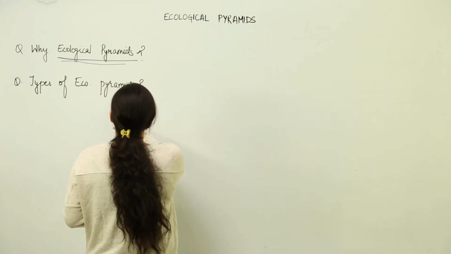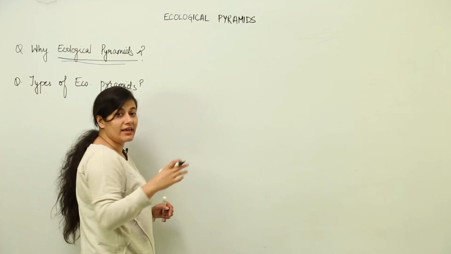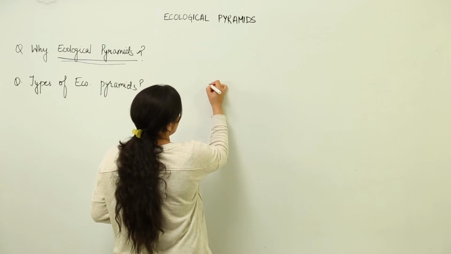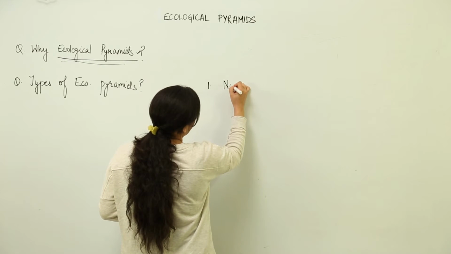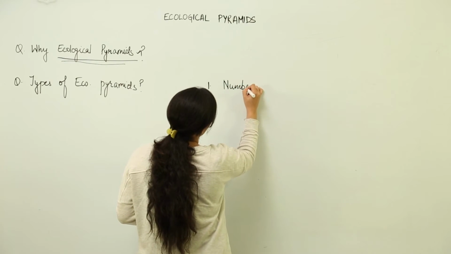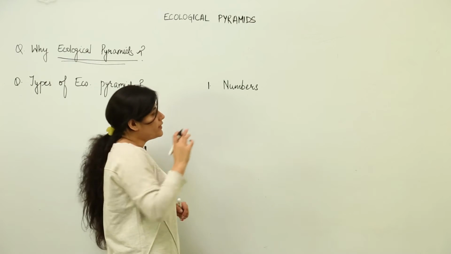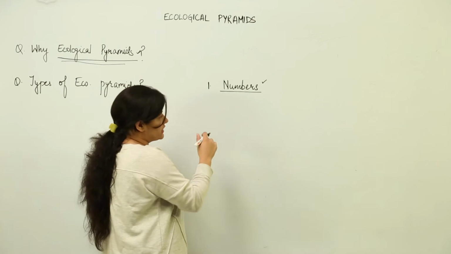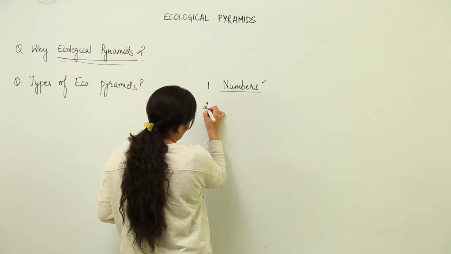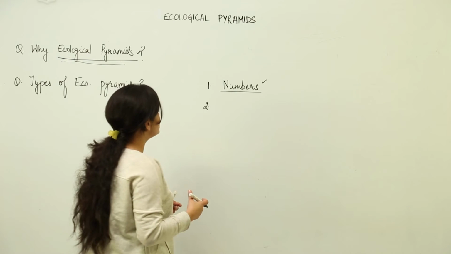Now, we need to know that there is a way of representing each trophic level. I can represent a trophic level in three ways. First of all, as we took in the example, it was in the case of numbers. I can talk about the number of organisms in each trophic level. That would be the ecological pyramid of numbers. We will discuss it, but before that you need to know the ways in which we can represent the standing crops in a trophic level.